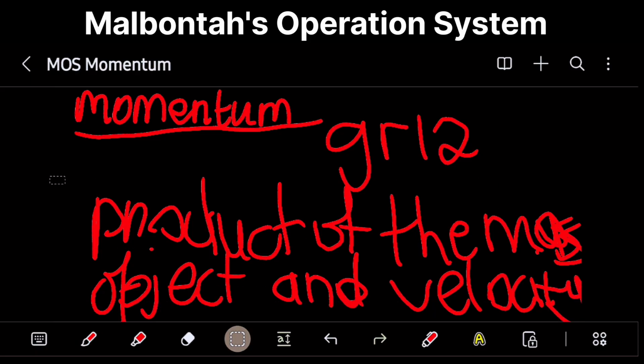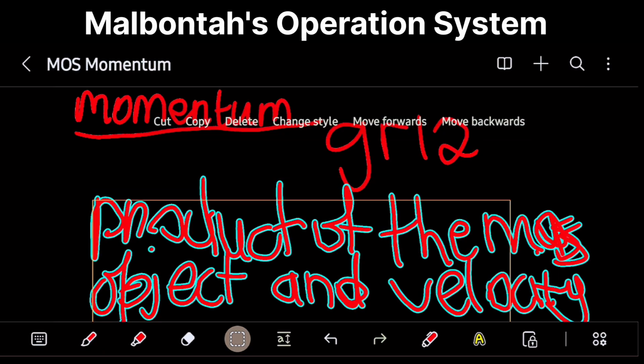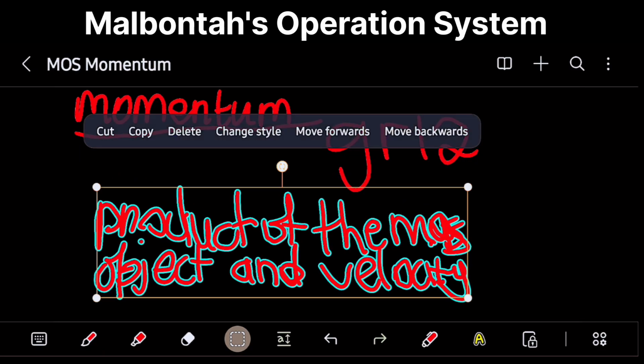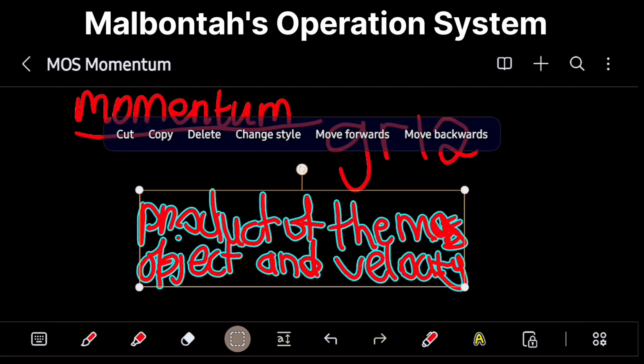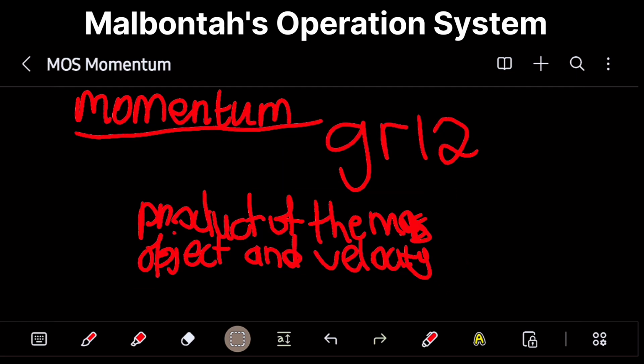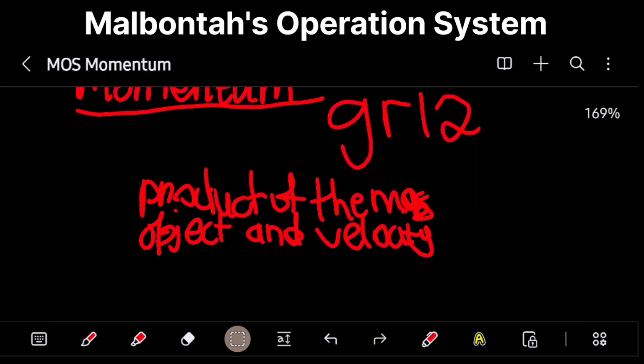So we would say momentum is what? The product of the mass of an object and its velocity.